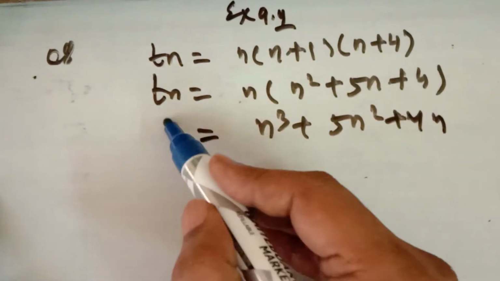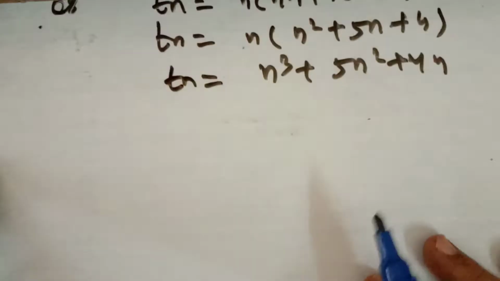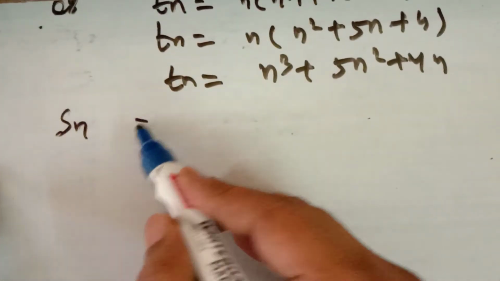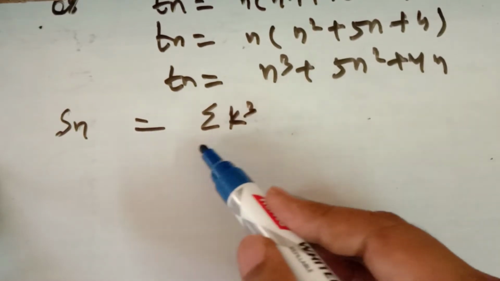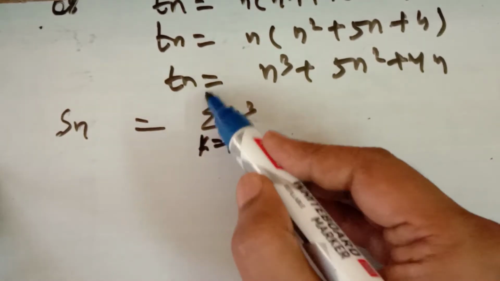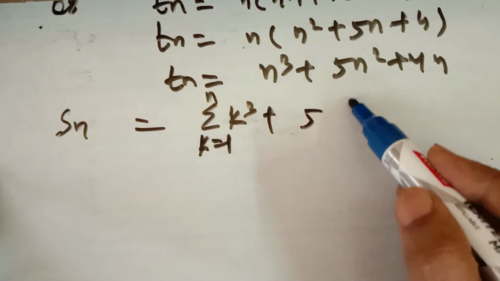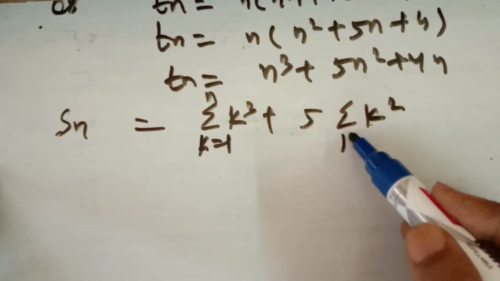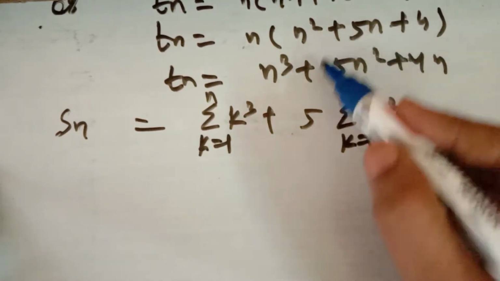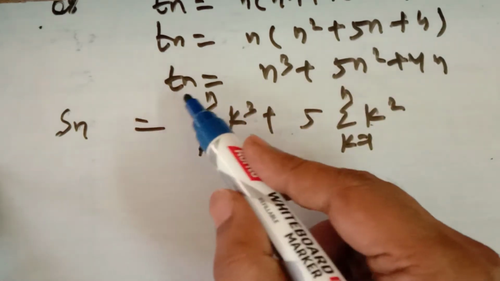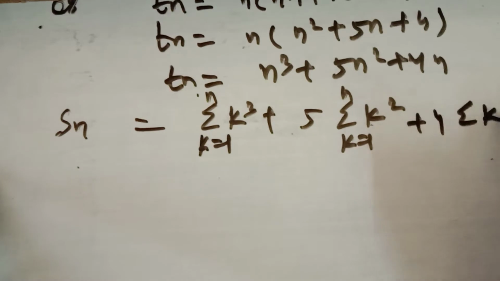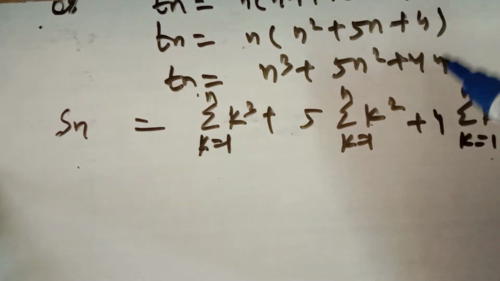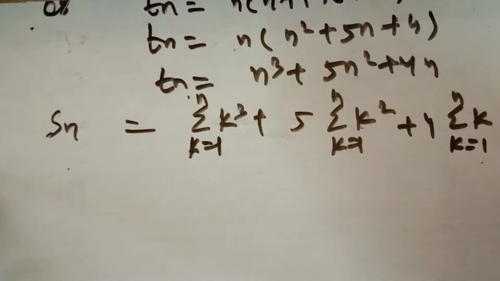This is the nth term, and the sum, how you have to find it, you can write summation of k cube, in place of n replace k, and you have to add it from 1 to n. Here also 5 summation of k square, where k is from 1 to n, that is you have to add this term up to n times. And 4, in place of n write k, from 1 to n, that is you have to add this 4n up to n times.